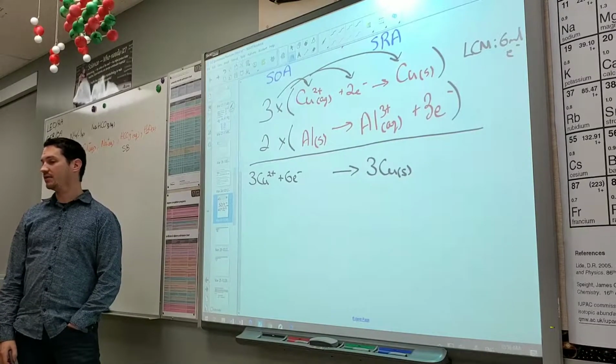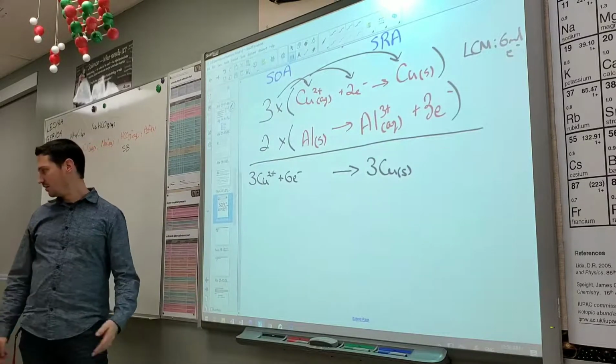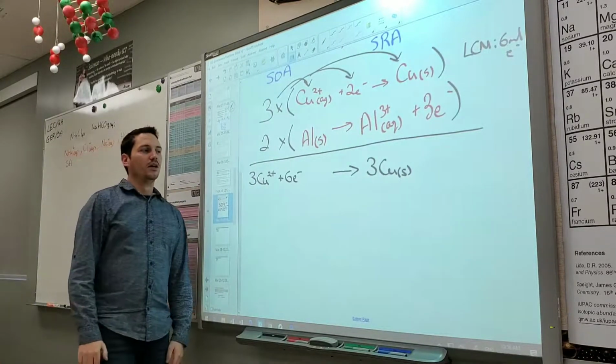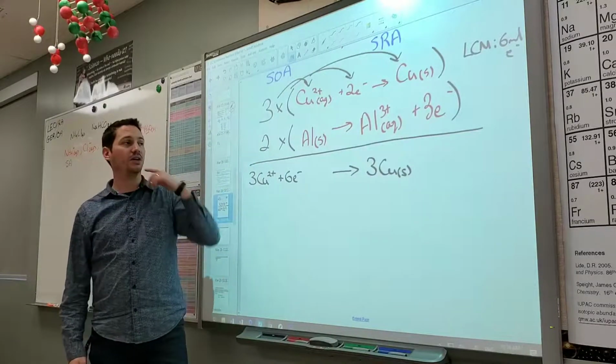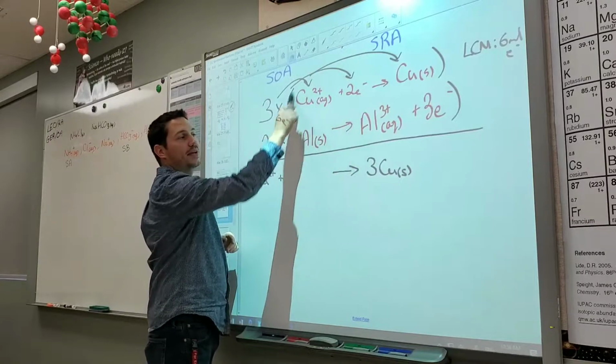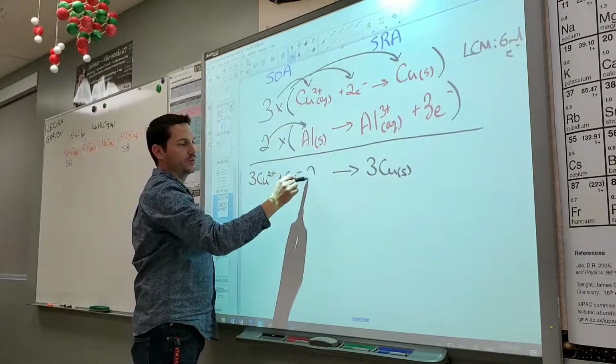Some of these might get really long. Great. We're going to get really big long reactions, but it'll be okay. Okay, what else do we have on the left-hand side of this reaction? We're adding our reactants with our reactants, so we need 2 aluminums.